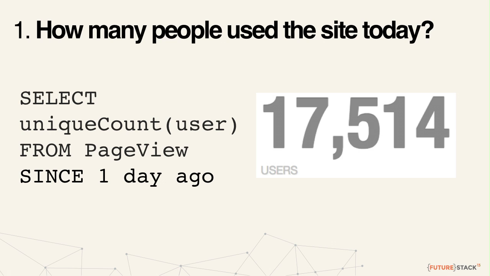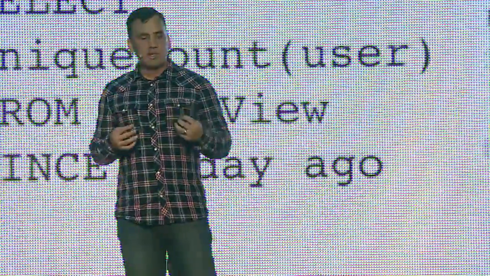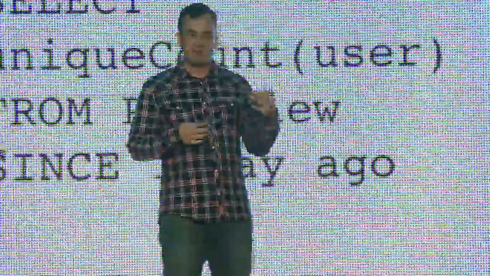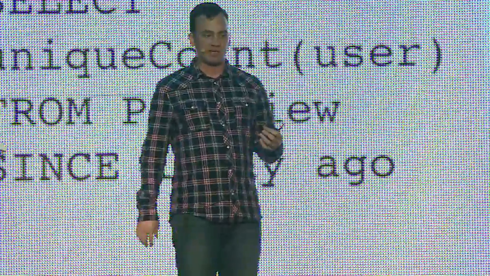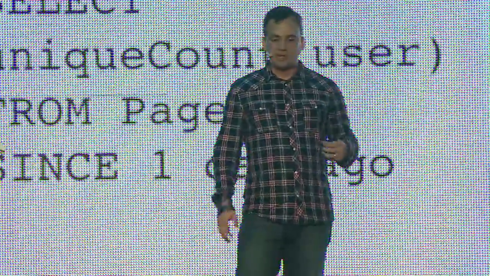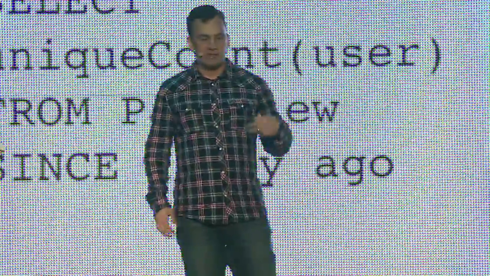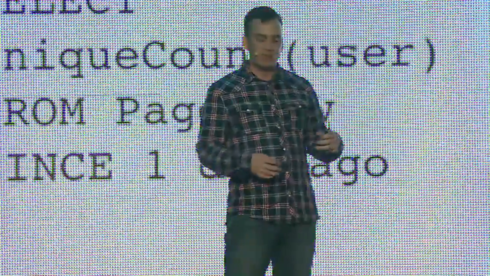Okay, question number 1. How many people use the site today? So on the left-hand side, we have the most basic NRQL query you can write. And on the right side, you have a screenshot from Rubicon, which is the visualization for that query. And that's an important thing that we're doing with Rubicon, is that we want to always try to visualize the data that you're querying. So we want the experience to be writing a query and iteratively refining that query as you are exploring.